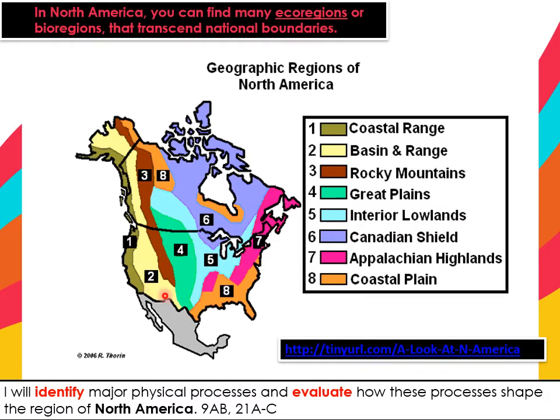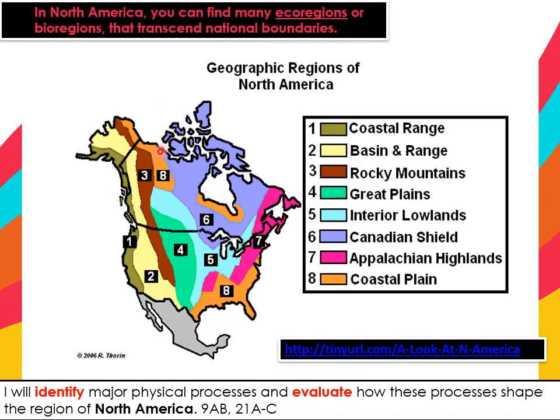The Basin and Range region is to the west of the Rocky Mountains. The Rocky Mountains are here in number 3. They separate that Basin and Range from the Great Plains. The Great Plains then are on the eastern side of the Rocky Mountains. And then you have the interior lowlands.